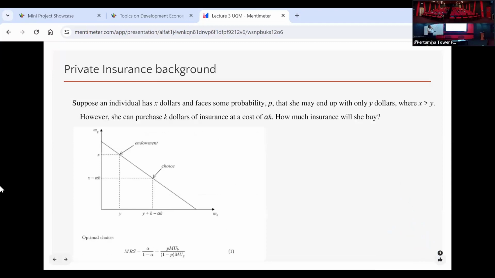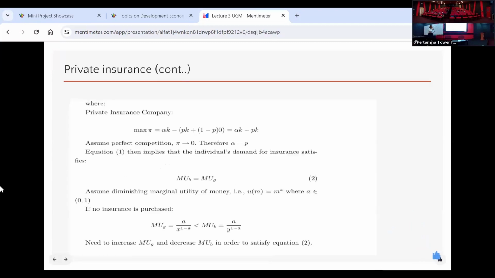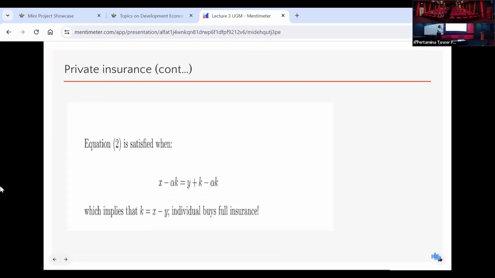X is bigger than Y. So if these conditions happen, you might need to increase the marginal utility of good or decrease the marginal utility of bad. The only way to do that is to buy full insurance. So this is the only equation that satisfies this.